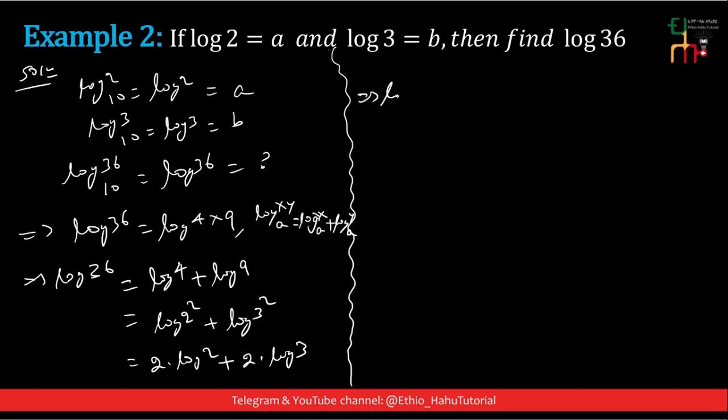Then this implies logarithm of 36 is equal to 2 times logarithm of 2, which is given as a, plus 2 times logarithm of 3, which is b, or this is equal to 2 into (a plus b), which is logarithm of 36.